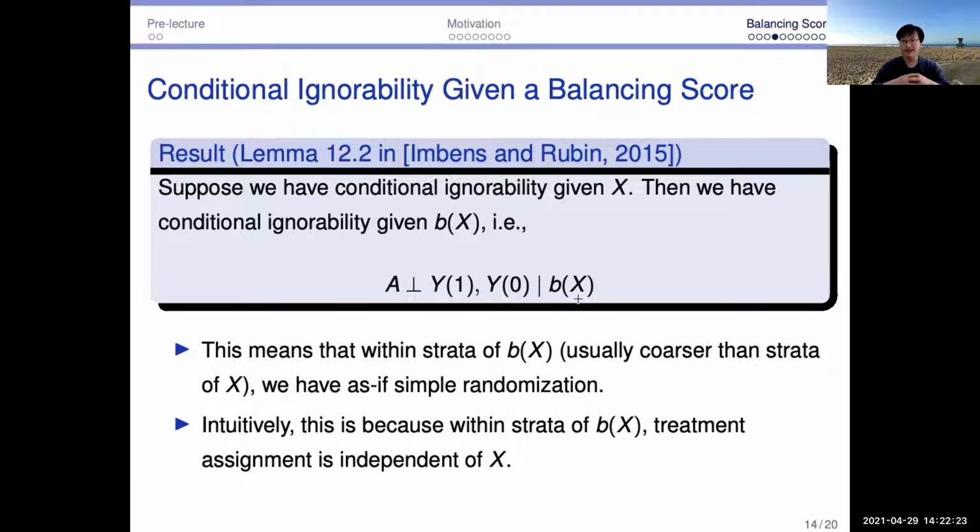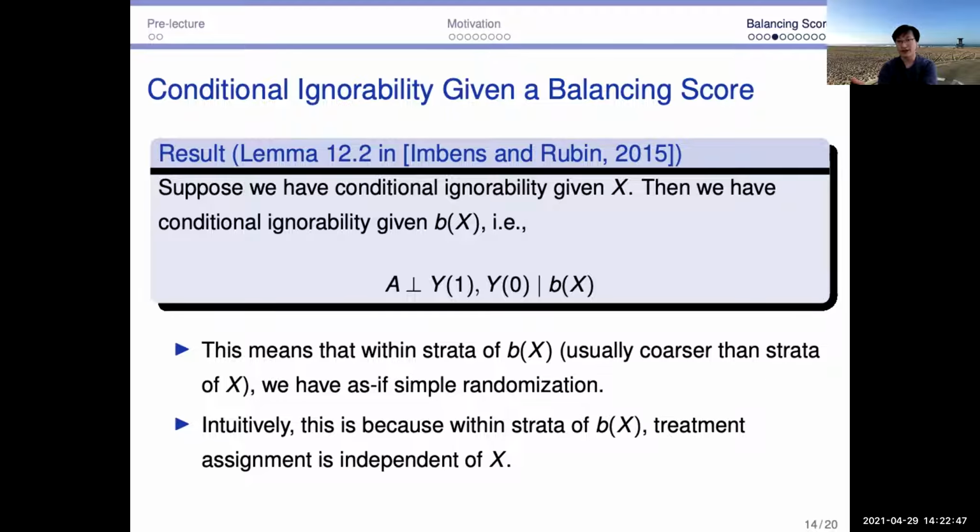You can call it a theorem or a lemma that results from the definition of the balancing score. It means that within strata of B of X, which is usually coarser than the strata of X, we have as if simple randomization.